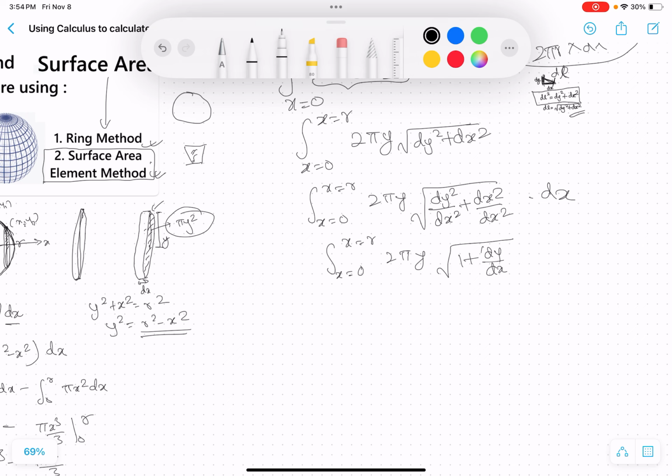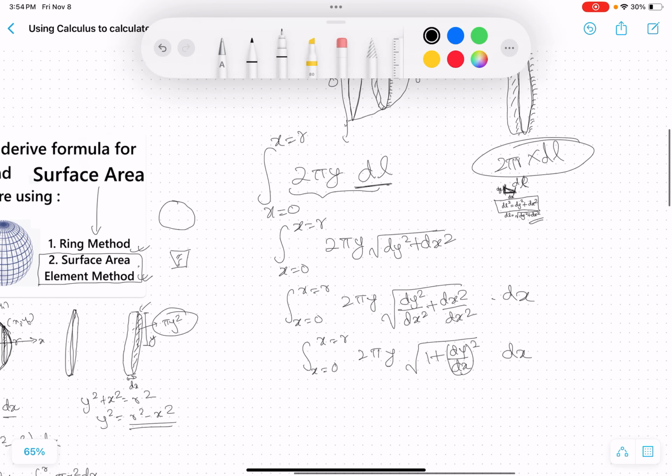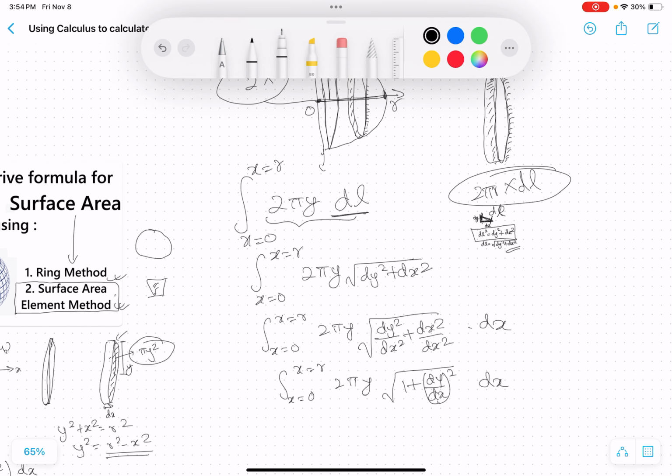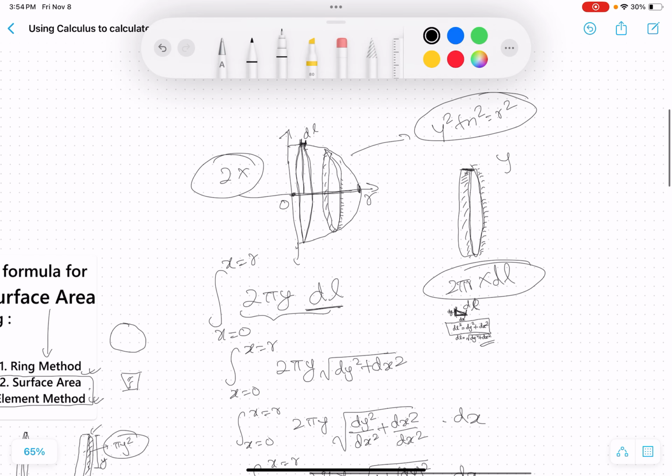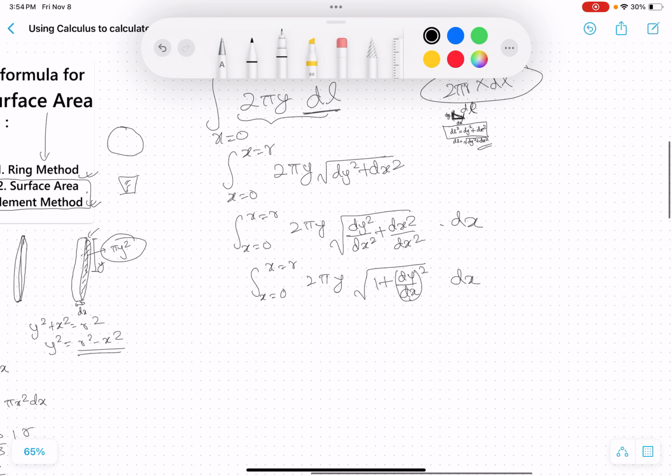Now y, we know that y is just the square root of r square minus x square. So from x equals 0 to x equals r, 2 pi square root of r square minus x square.